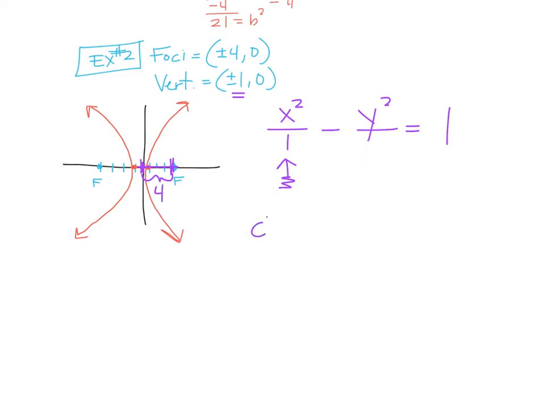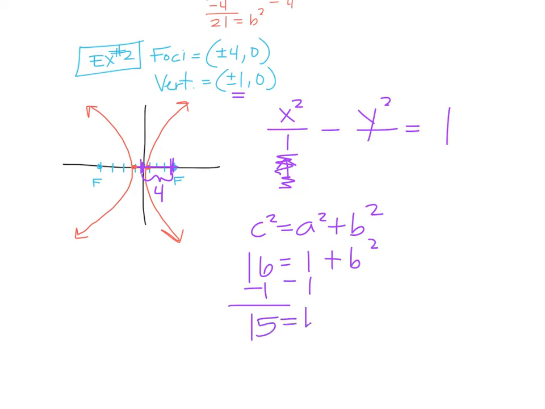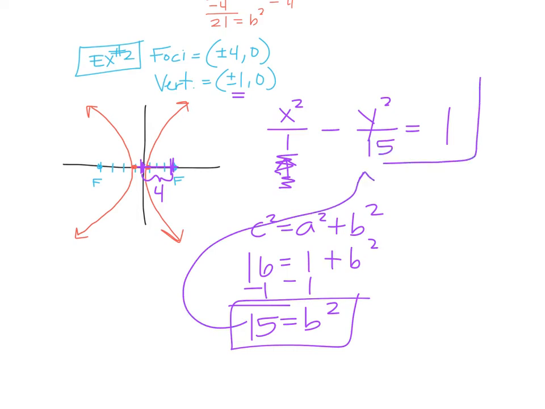So c squared equals a squared plus b squared. So it's going to be 4 squared, or 16, equals a squared, which is the 1, plus b squared. So if we take away 1, 15 is our b squared, and that's what we want to use up here. So our answer is x squared over 1 minus y squared over 15 equals 1.